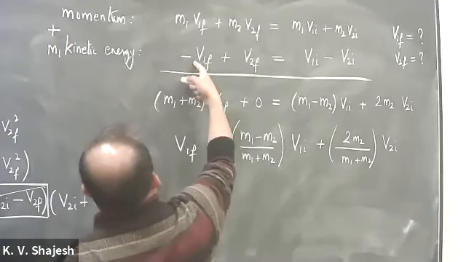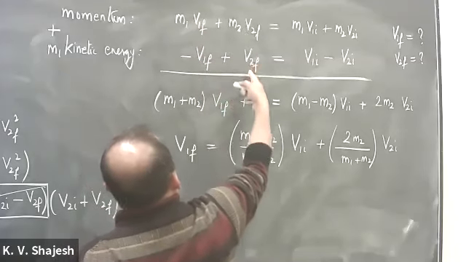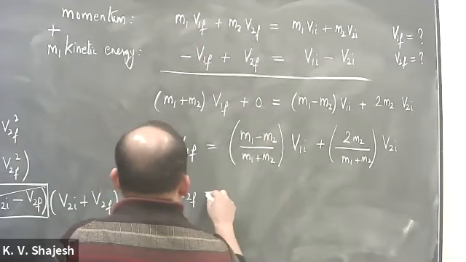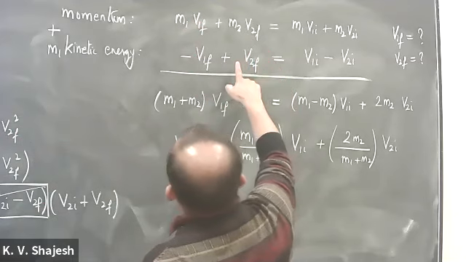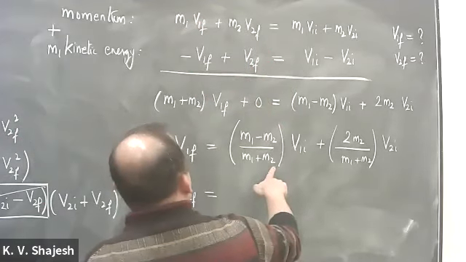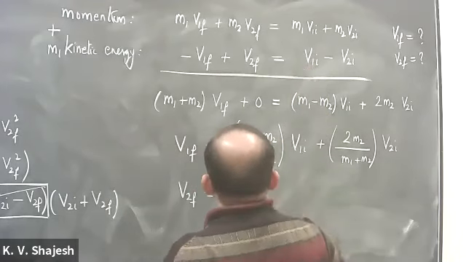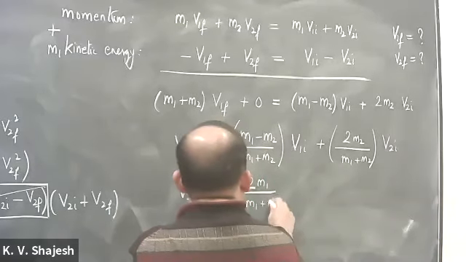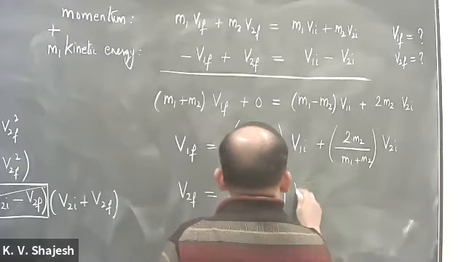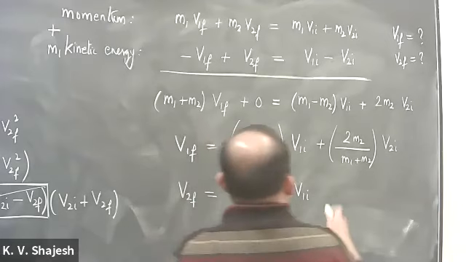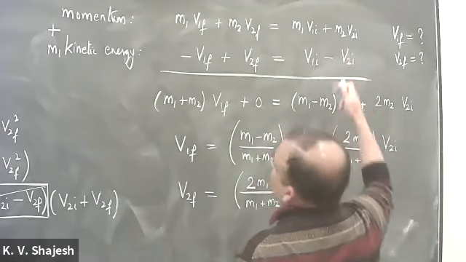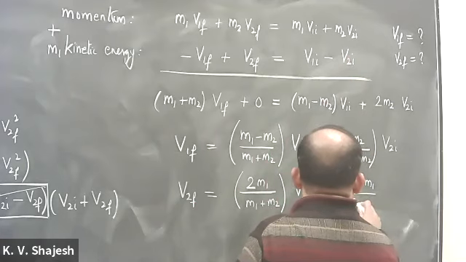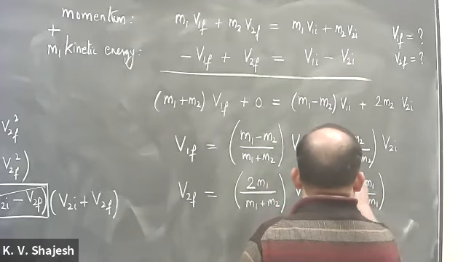If I multiply by m1 and then add, these two cancel out, and it will be v2 final that remains. So v2 final will be equal to, I'm multiplying by m1, so m1 plus m2 again stays in the denominator: 2 times m1 over m1 plus m2 times v1 initial, plus m2 minus m1 divided by m2 plus m1 times v2 initial.